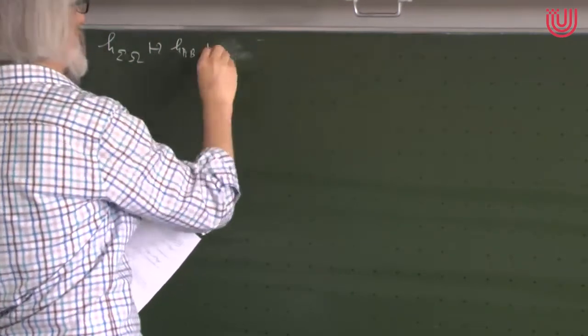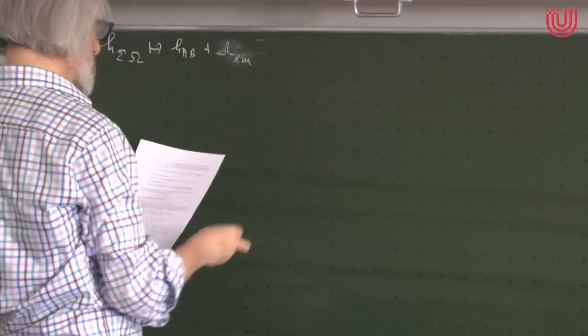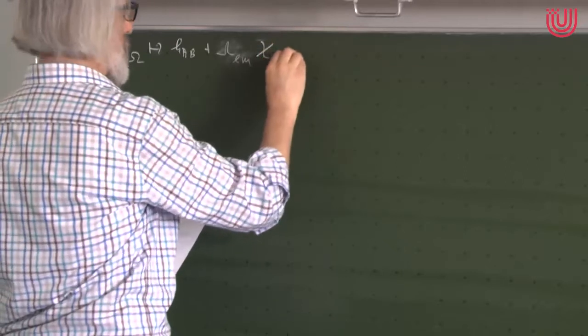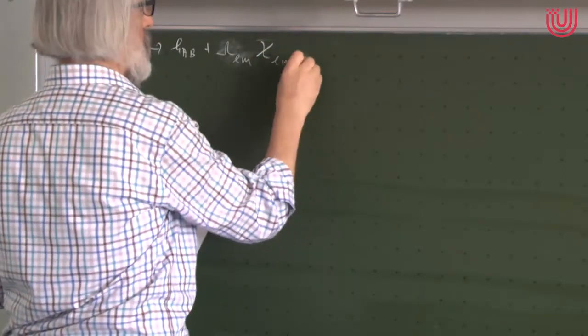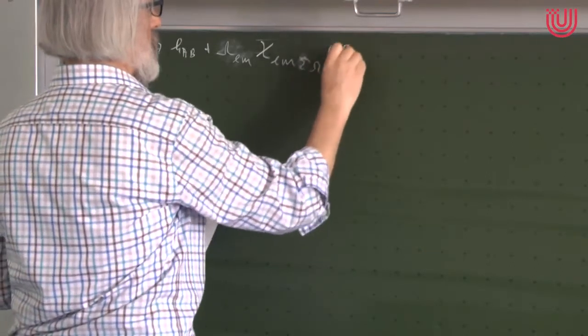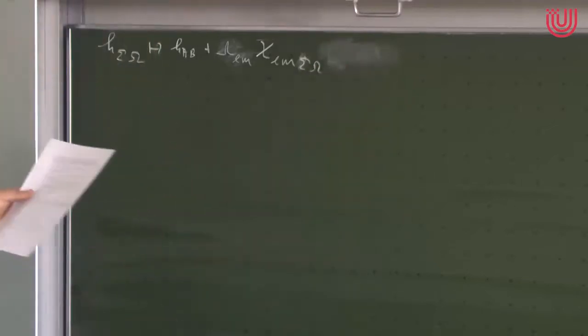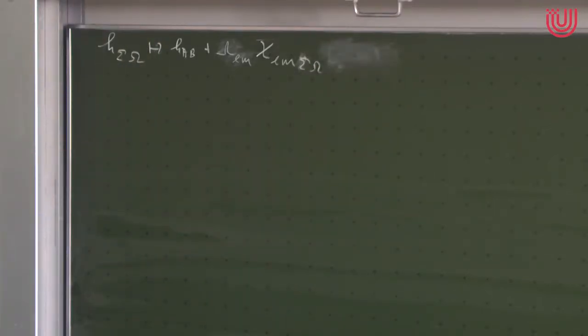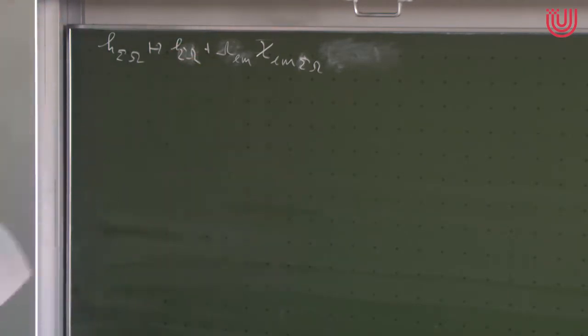I call this lambda, this function, which is a function of t and r, chi lm, sigma omega, theta, and I didn't write the arguments. Okay, so I never write them. Sorry, that's nonsense, of course. That's what I mean, yes.